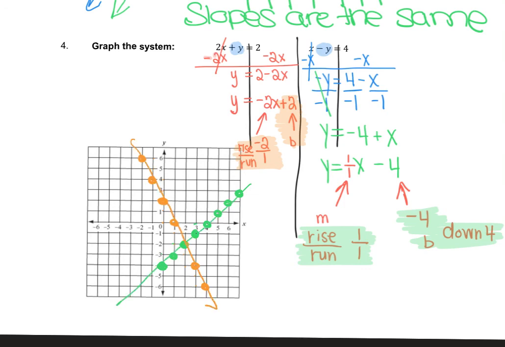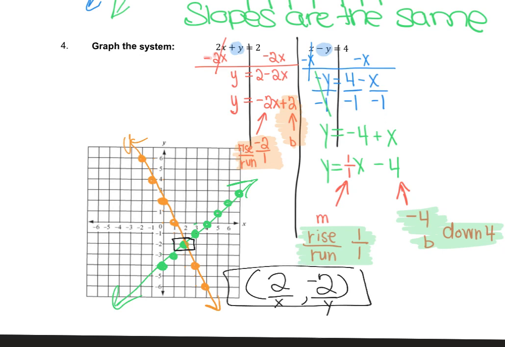And you can see I have these nice lines. I can throw arrows on the end, but ultimately I'm really looking for this point of intersection as an x and a y. And in this case, it's 2 to the right, down 2, so 2, -2. And I'm all done.